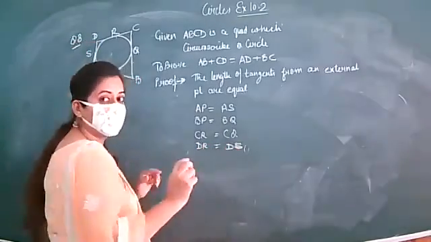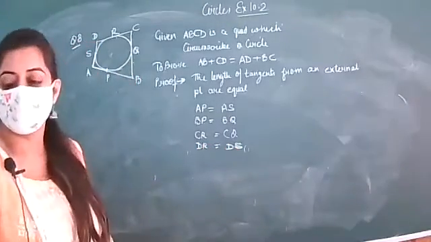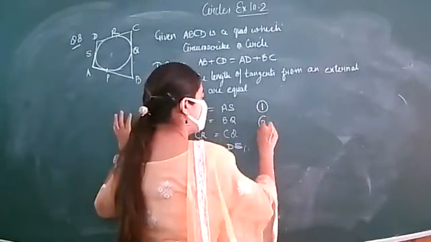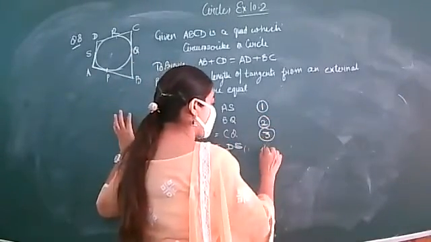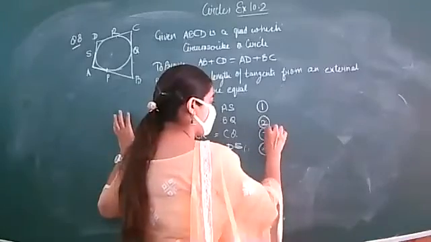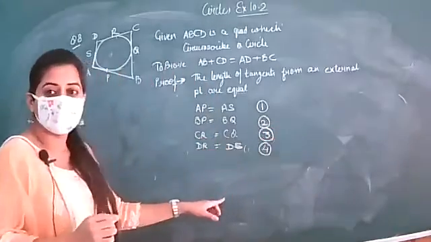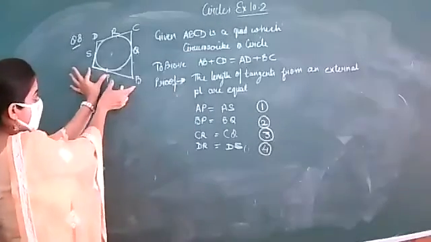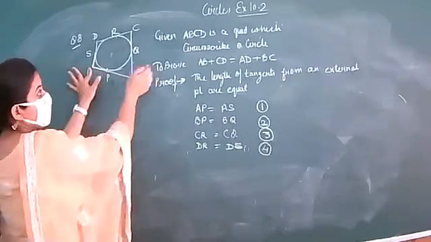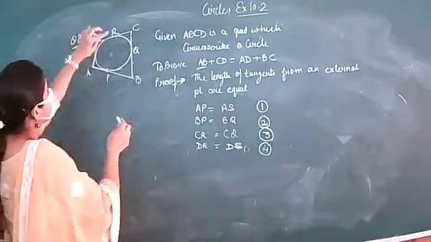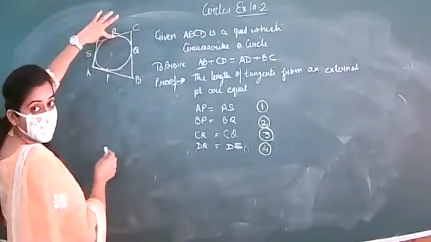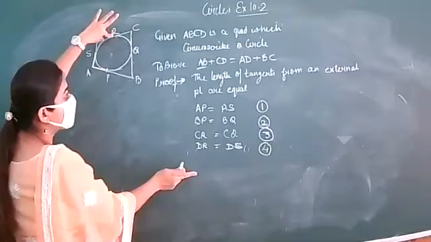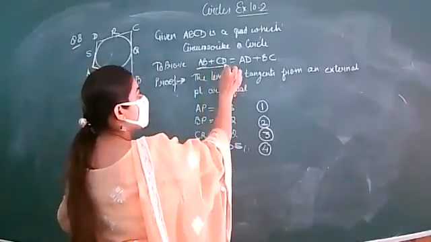But now look here, if you add these four things, 4 points, 1, 2, 3, and 4. If you add all these, now look here, AP plus PB, when you add AP plus PB, that will give you AB that we want here. If you add CR plus DR, if you are adding all the left hand side first, CR plus DR will give you CD, which is again on the left hand side.